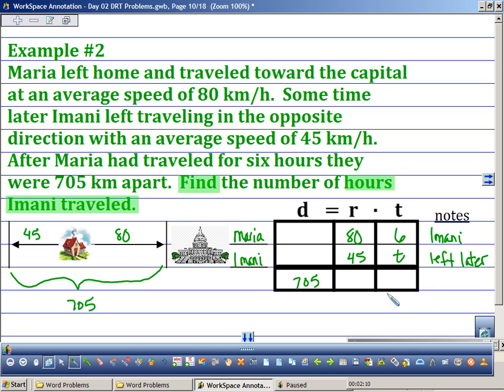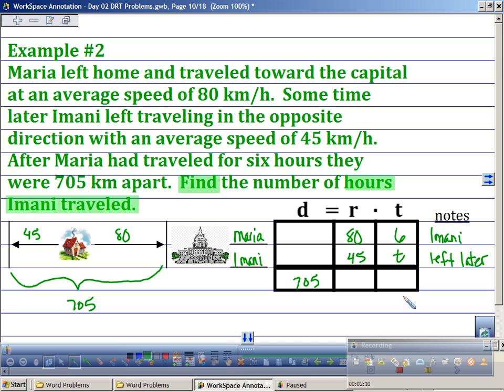But what do we know? That he left later. If he left later, did he drive more hours or did she drive more hours? She drove more hours. So the reason I have this over here is when you come back and you answer this, if I get an answer that is less time, then I know that I'm right. Correct? Yes. All right, let's set it up.